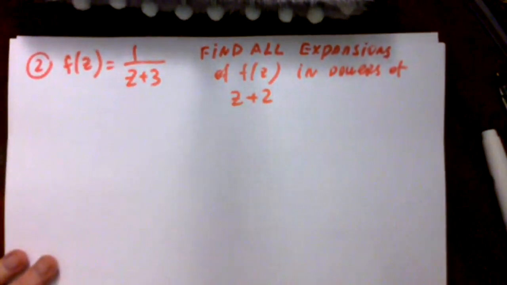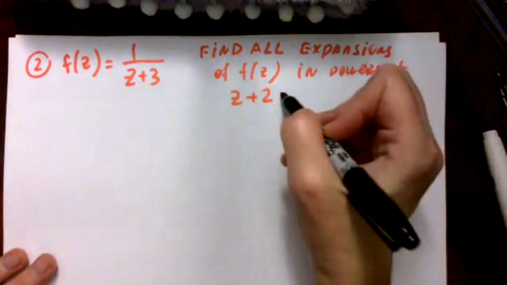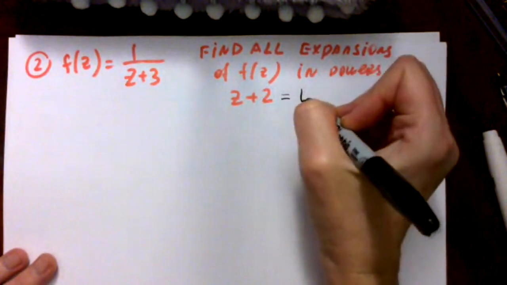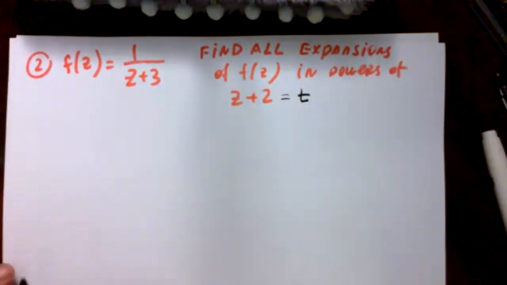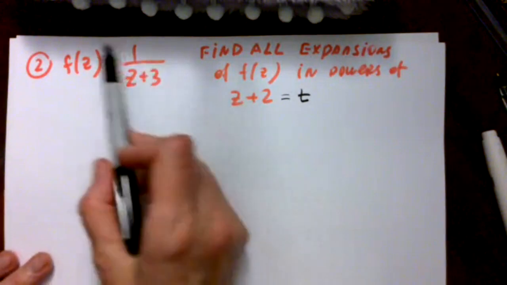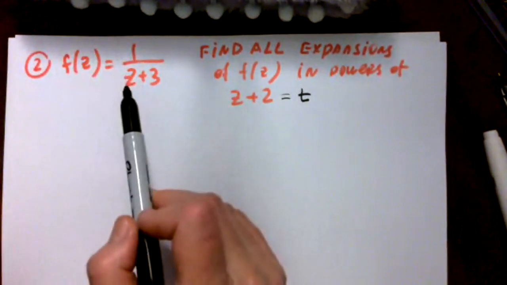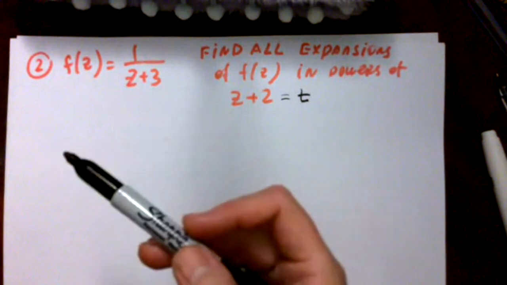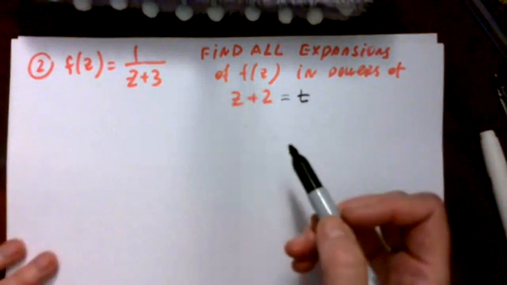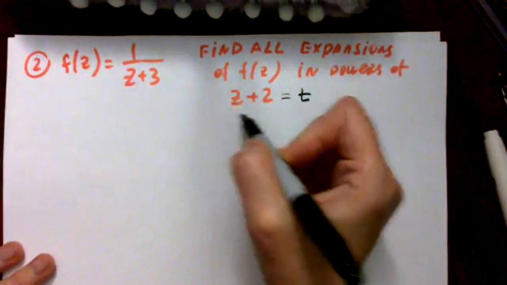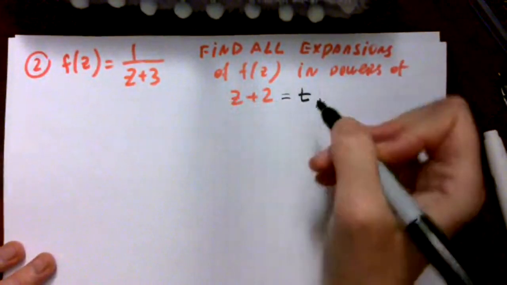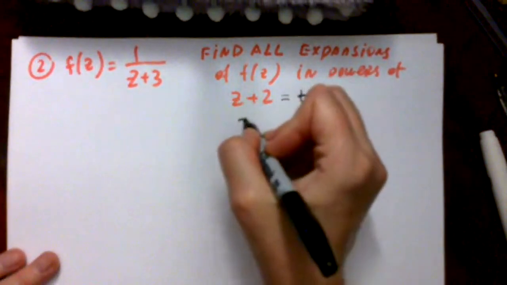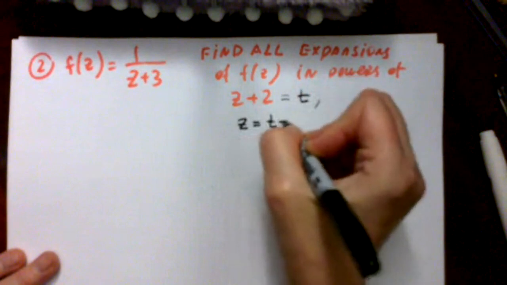You know what? The solution is very simple. Just denote this z plus 2 by some other letter, t. Then, after that, we can rewrite this whole function in terms of t. And thus, our task will be reduced to the previous one, to the very familiar task. But to do that, we need to do it very carefully. So, let me express z in terms of t.